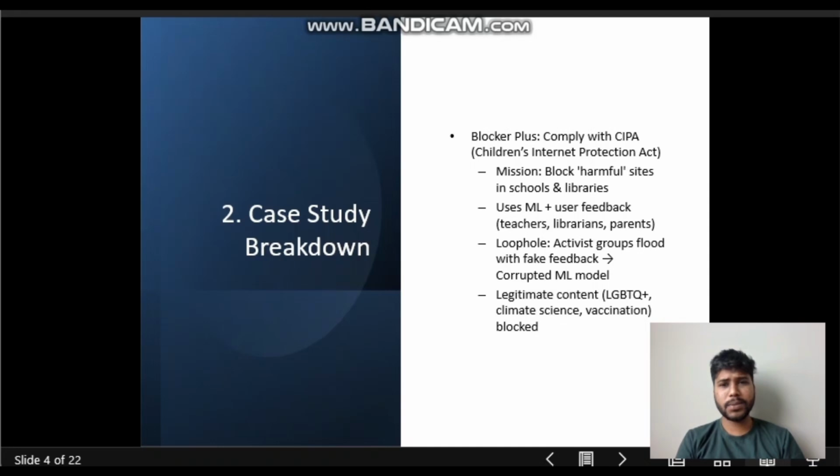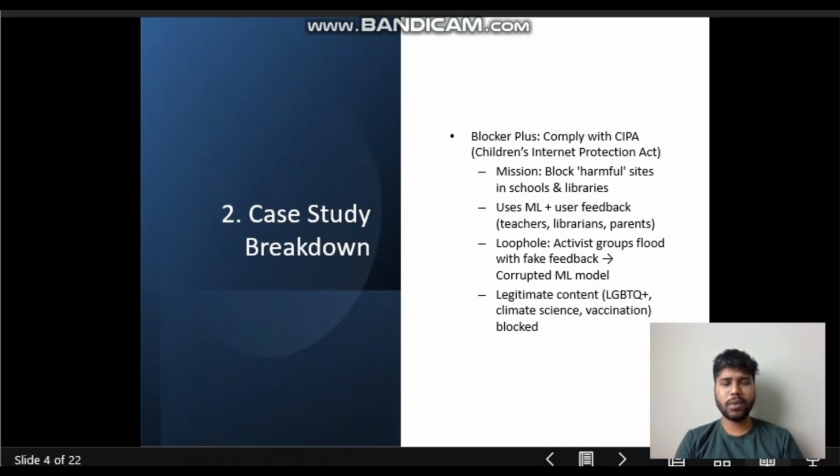The tool uses machine learning to classify content, relying on feedback from teachers, librarians, and parents to refine its model. However, activist groups exploited this feedback loop, flooding the system with malicious and fake reports to corrupt its classification process.